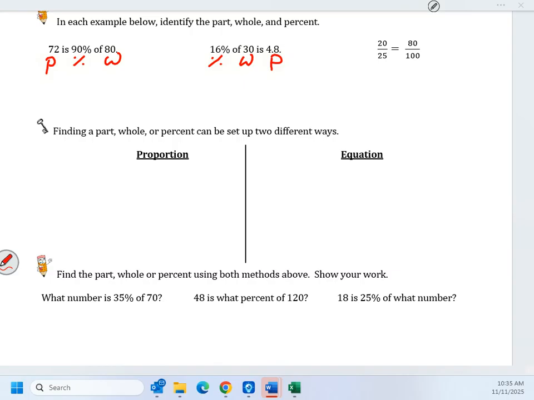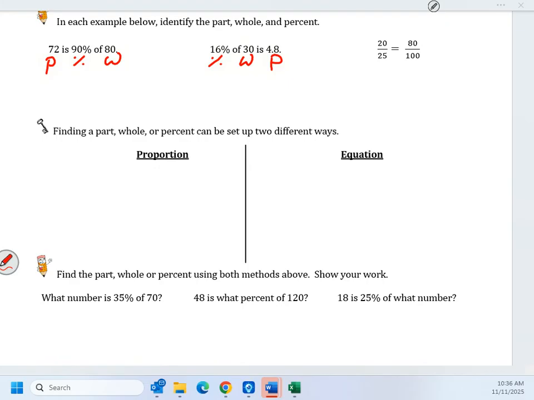Last one. Ooh. 20 over 25 equals 80 over 100. Now we have to use our knowledge of what we've done in other objectives. What is my part? Elliot? One number.